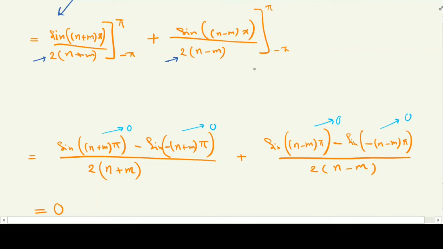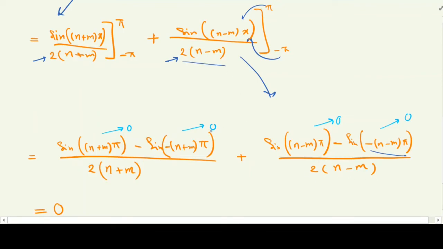And for the second one, we're going to get sine of (n minus m) times pi, minus sine of (n minus m) times minus pi, which is going to be this term here, divided by this constant we have here, 2 times (n minus m).